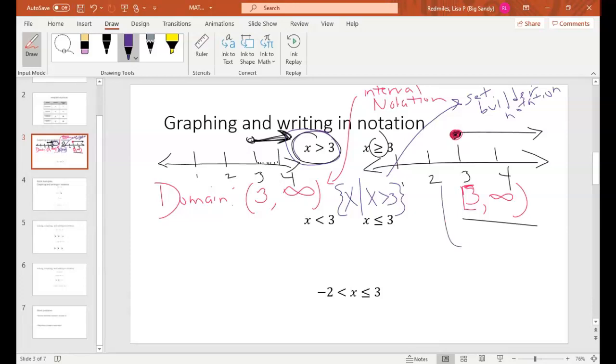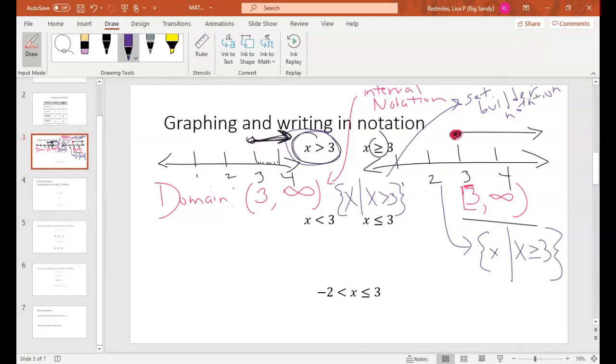And then over here for this one, it would be the set of all x's such that x is greater than or equal to 3. Let me draw that first one a little bit better so you can see what I'm doing. And that is a key on your keyboard above the bracket. Beside the P, you can see those set builder symbols. And then my labs might also offer those, but it's on your keyboard if it doesn't.